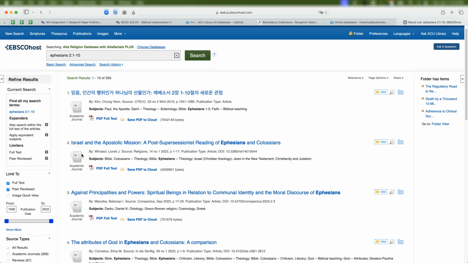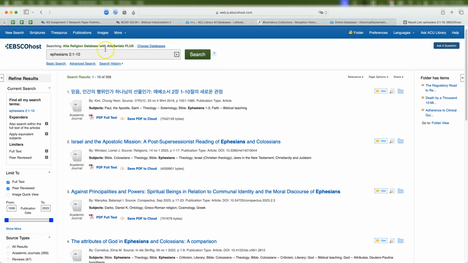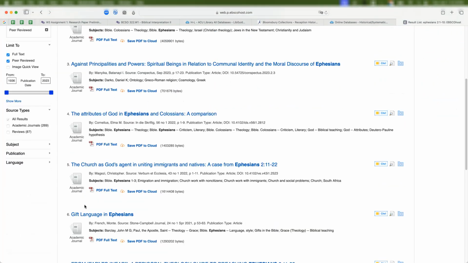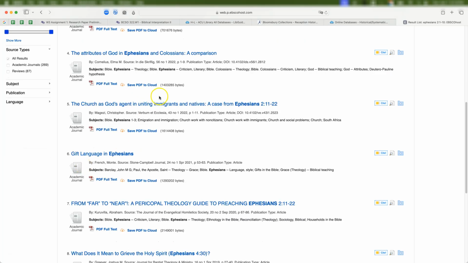And then we can look and see, do we want to add an additional search term and refine the search? Do we want to add a date restriction for more recent things? Do we want to add, oh hey, here's a hot topic. Immigration and native rights.